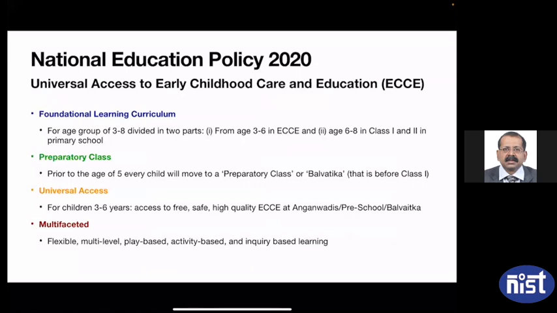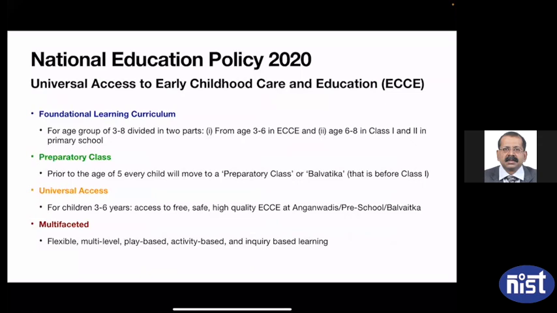So from 3 to 6 will be this early childhood care and education, and from ages 6 to 8 will be classes 1 and 2 in a school. And prior to age 5, all children will move to a preparatory class or Balvatika, that is before class 1.